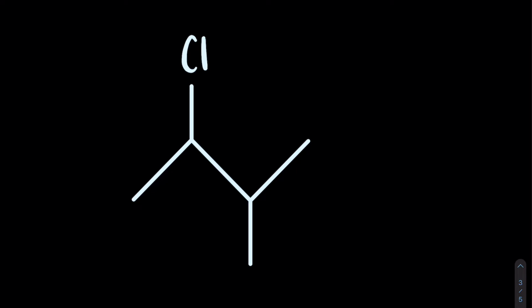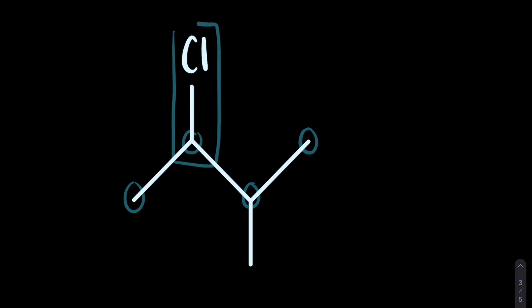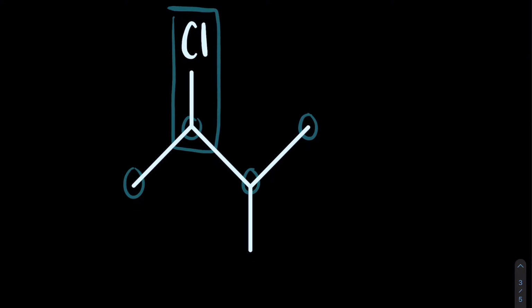So, next example. Let's go back to the rules. Find the longest chain. We got 1, 2, 3, 4. Now, this one's a little more confusing than the last one. We see that we have 2 substituents on this molecule. We have a chlorine atom, and then we have a methyl group.